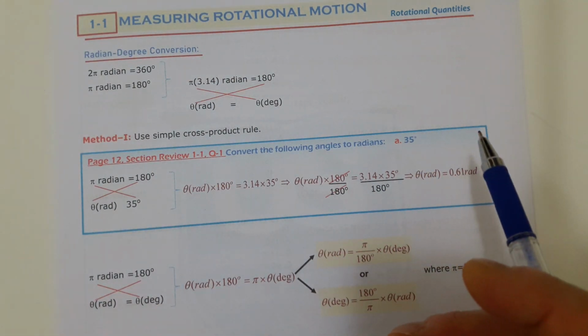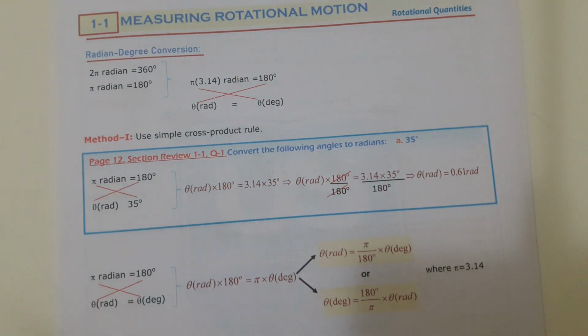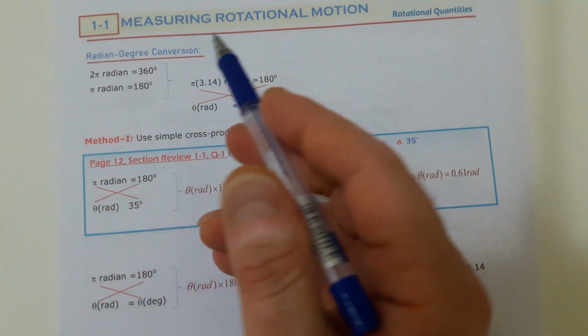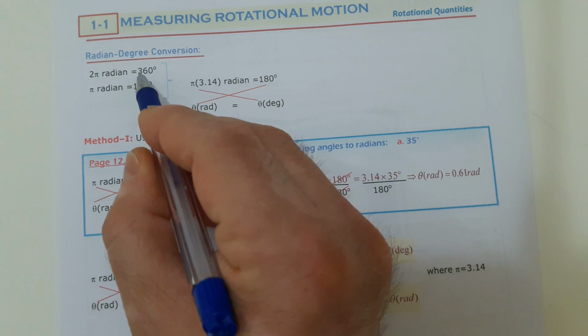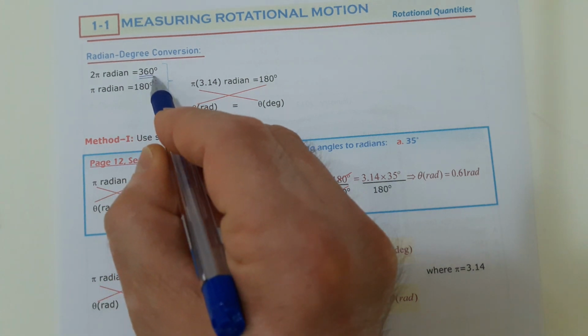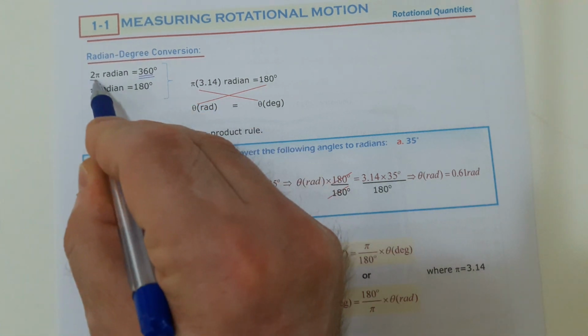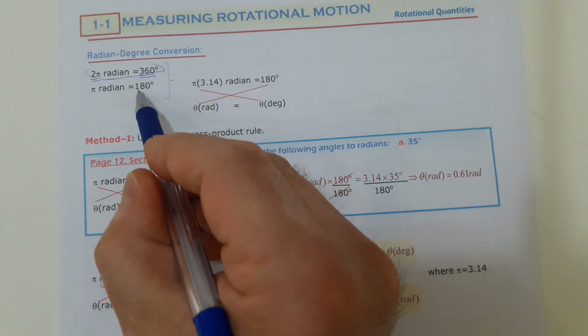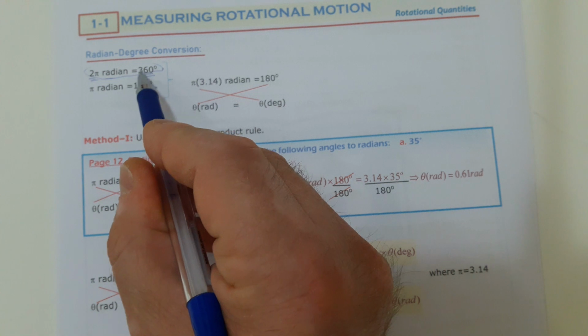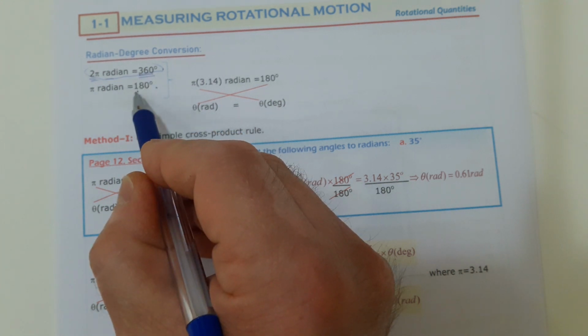And how can we convert radian to degree then? We will now learn about this. It's very easy. As I said, one revolution corresponds to 360 degrees, which is equal to 2 pi radian. If you know one of them, then you can get the other. 180 degrees: if we divide 360 by 2, you get 180.